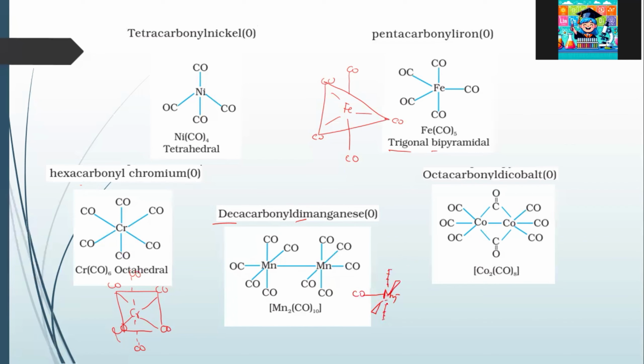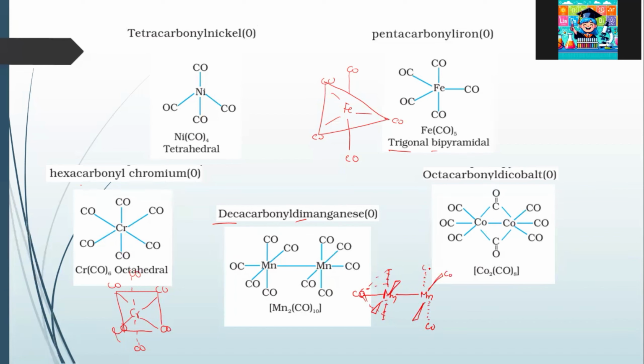Square is perpendicular to the plane of this screen, and one is in the plane. And they will form a square pyramid like this. And this is single bonded to another such square pyramid of manganese and carbonyls.